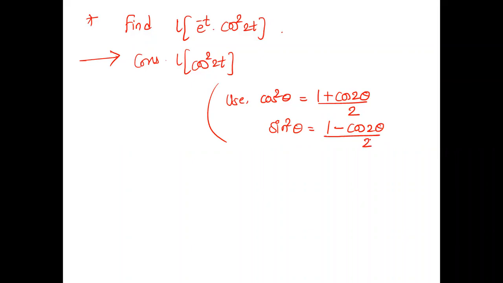Please remember them. Now we need this. In this case, theta is 2t. So it is Laplace of 1 plus cos 2 theta, where theta is 2t, 2 into 2t, 4t, upon 2. Is the formula correct? Yes.